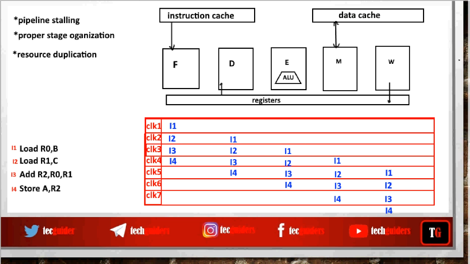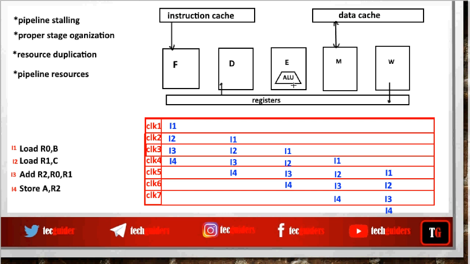And one other solution is pipelining the resources. For example, according to our data path, we have seen that in the fetch unit itself, we will update the program counter with the help of the ALU. While that is being executed, at the same time, suppose another instruction is making use of the arithmetic and logic unit, then a structural hazard can occur.